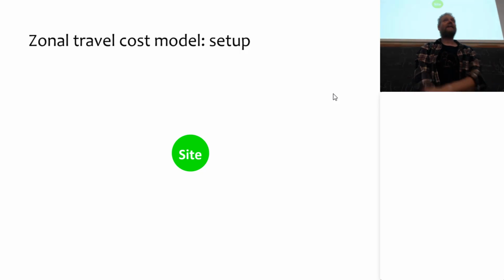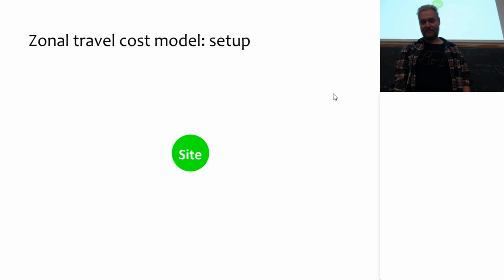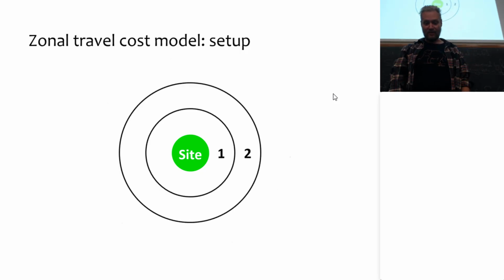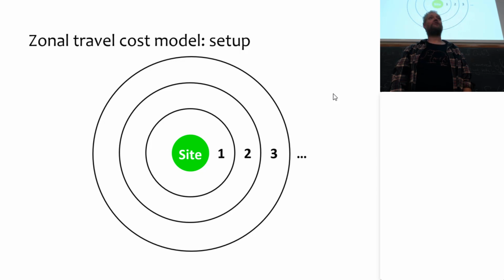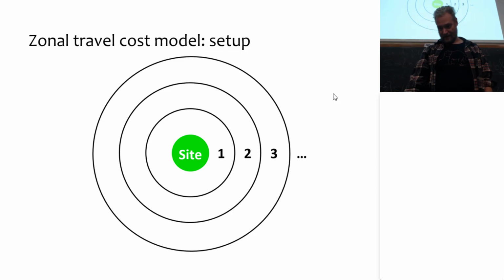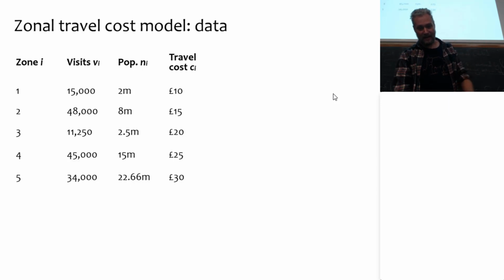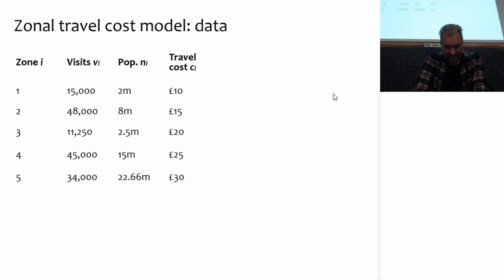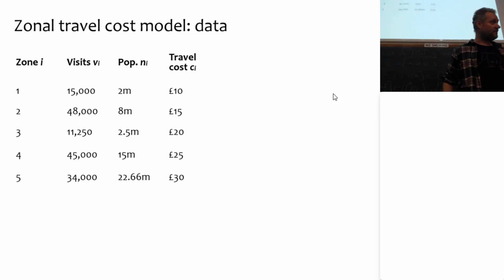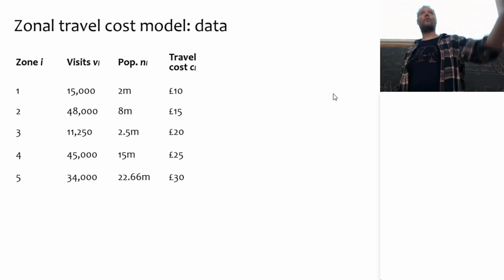Now, Hotelling described the so-called zonal travel cost method. So essentially what you do is you have a site here in green, you define zones around them, here named 1, 2 and 3. And then for each zone you essentially do a survey, or you look at the administrative data if they have that, but this is typically not something they record, right?